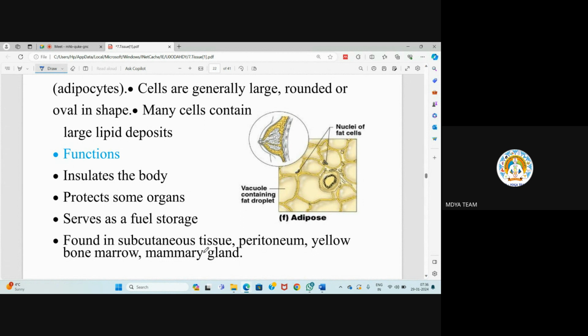So, subcutaneous means beneath the skin. Just know that subcutaneous tissue is just under the skin. And peritoneum, yellow bone marrow, mammary gland, these are the sites of adipose connective tissue.